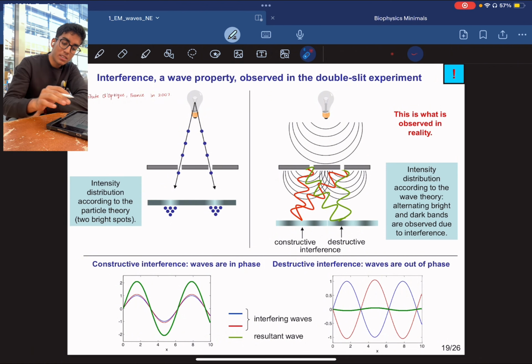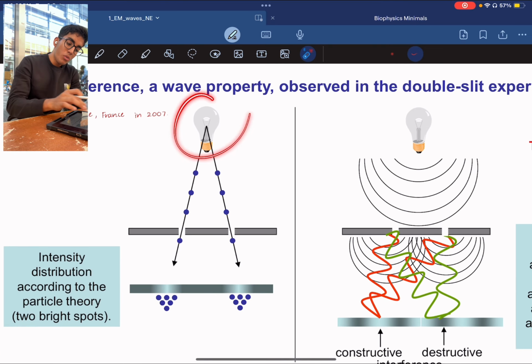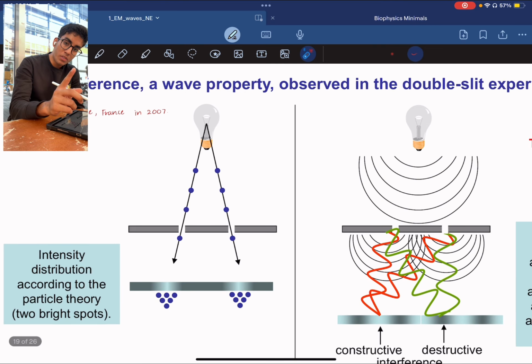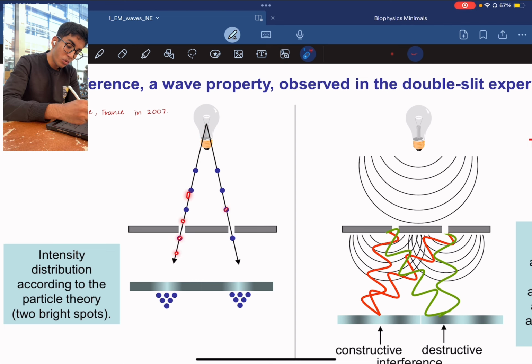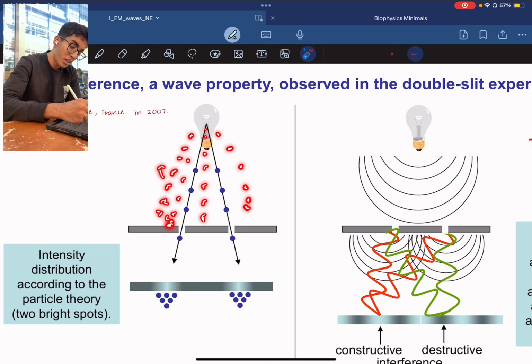Normally, if we were to shine one source of light through two slits, we would think that if light was a particle, which Einstein and Planck had said, then particles would go through either one of the slits and fall over here or here, going everywhere. But if they're not going through the slit, they're just going to bounce back.